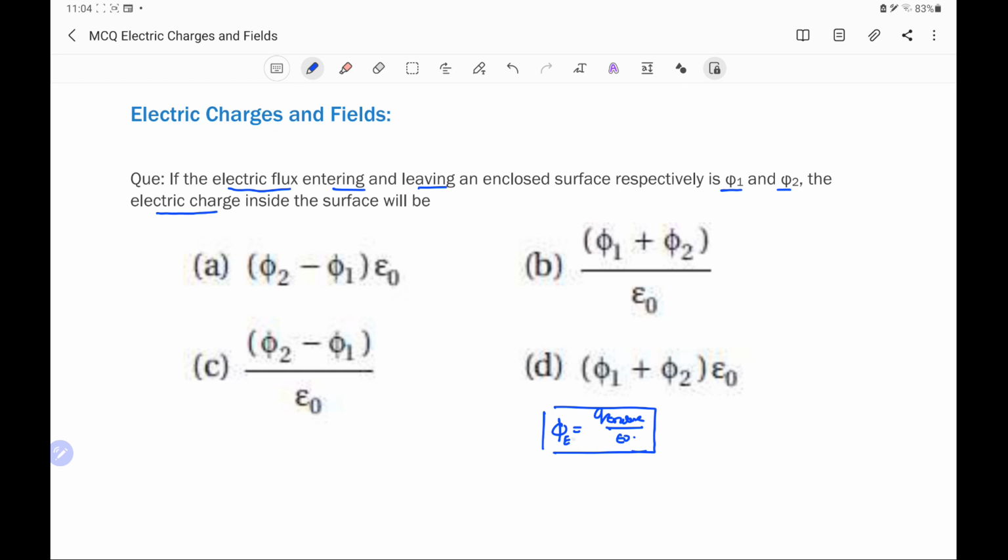Here, the net flux is the difference of the leaving and the entering flux. So the difference is phi2 minus phi1, and it will be equal to 1 by epsilon naught times the charge enclosed. This implies that the charge enclosed by the Gaussian surface will be epsilon naught times phi2 minus phi1. Hence, option A is the correct option.